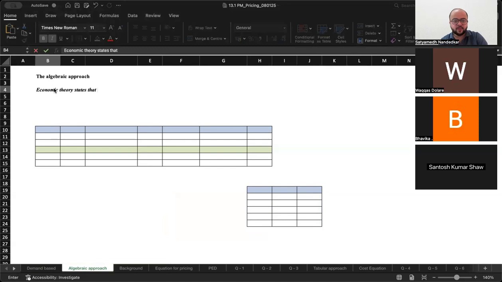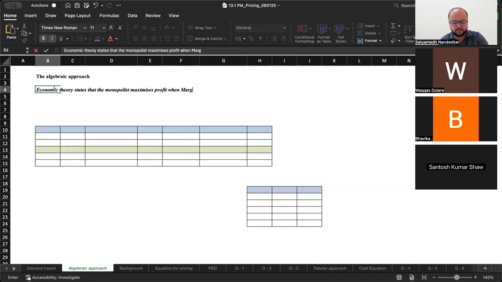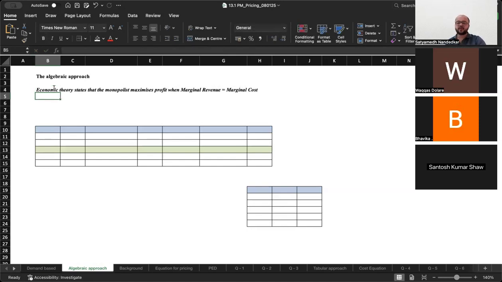states that the monopolist maximizes profit when marginal revenue is equal to marginal cost. Let's understand the different elements of this definition. Who is a monopolist?